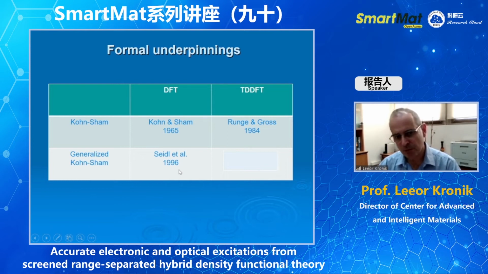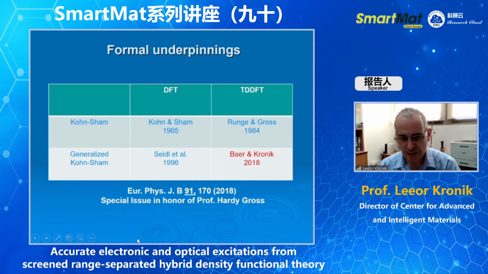But then at some point, we realized that nobody showed that you can also do the same for time-dependent DFT. So people have been doing time-dependent DFT with hybrid functionals for a while now, including the example that I just showed you, but nobody showed that it's allowed. So finally, Roy Baer and I did that in a special issue in honor of Professor Gross that came up with the original proof. And I think that's important to have a fundamental theory that allows this.